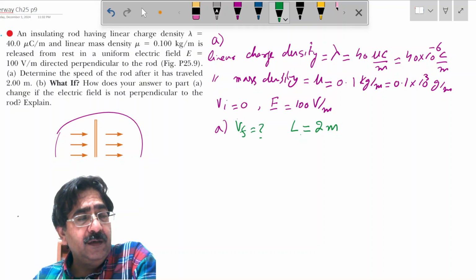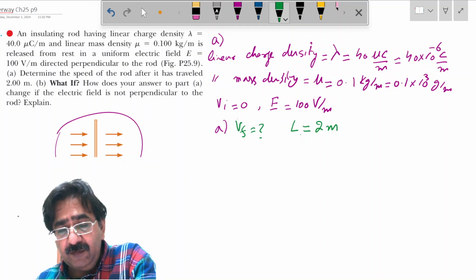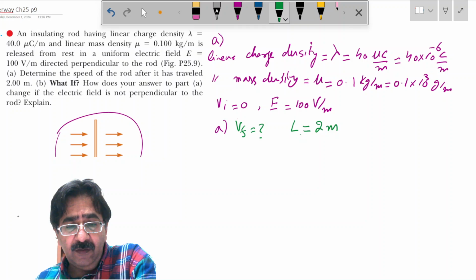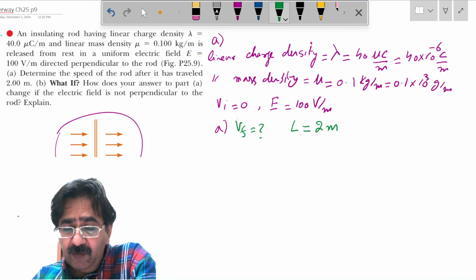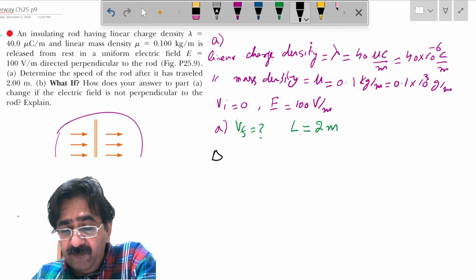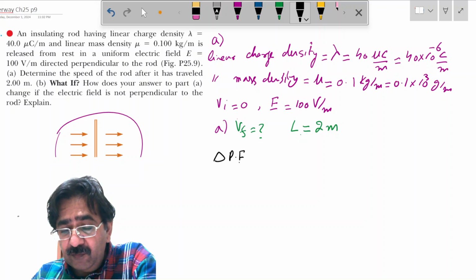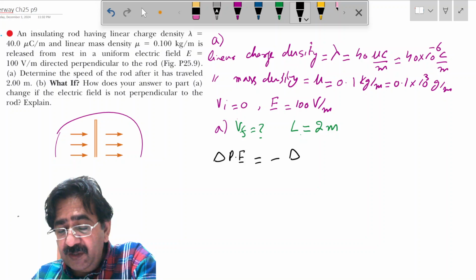So how will we find it? We have to find the kinetic energy, meaning velocity, and we are given the range in a uniform electric field. So as we know, delta phi, the change in potential energy, is equal to negative change in kinetic energy.